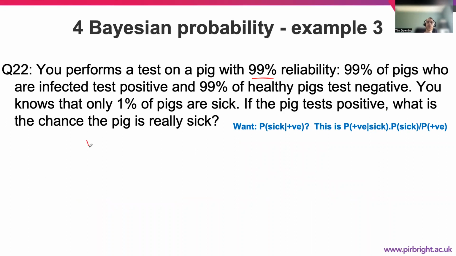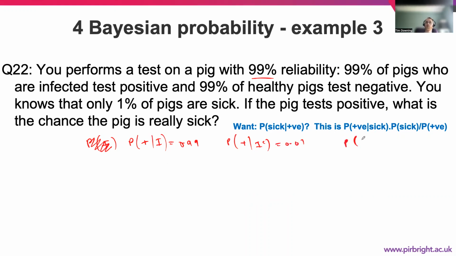If we look at another example, you've got 99% reliability. So that means the probability of being positive if you're infected is 0.99, and the probability of positive if you're not infected is 0.01.